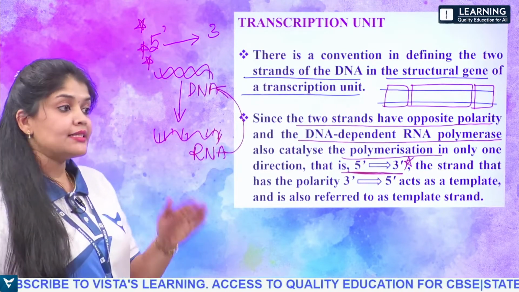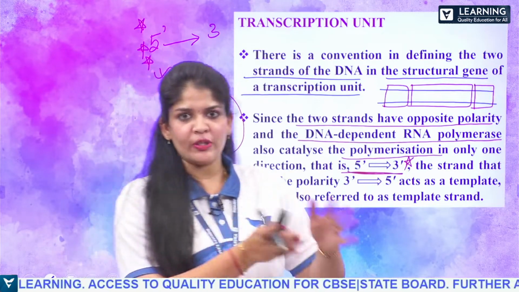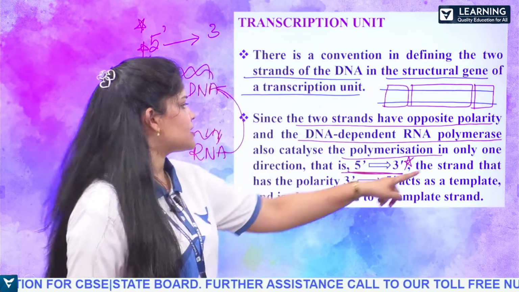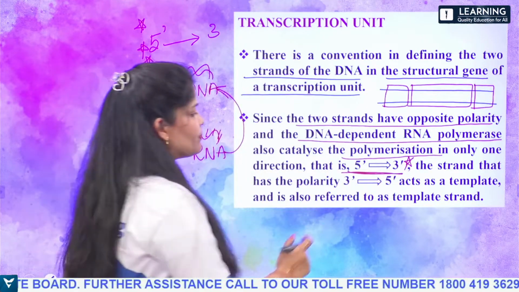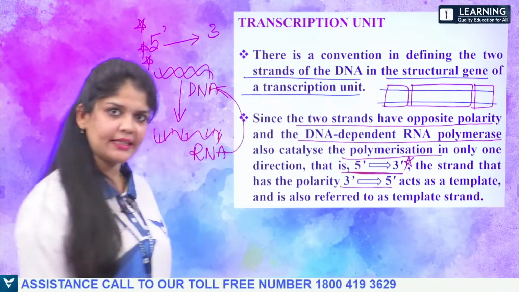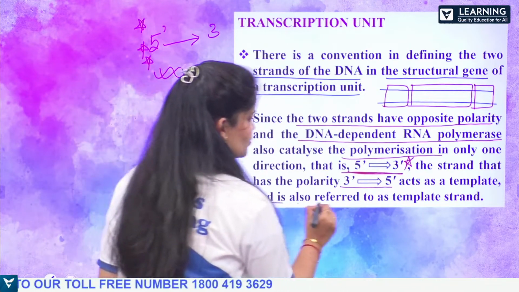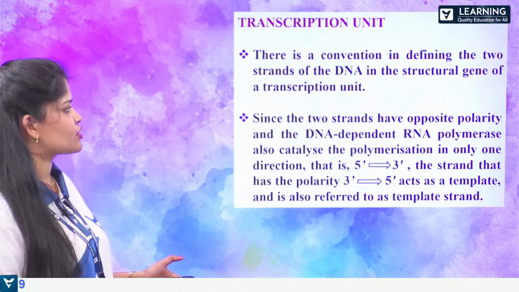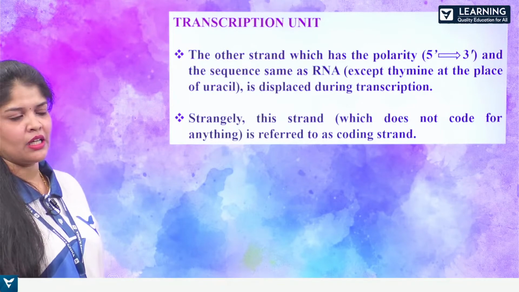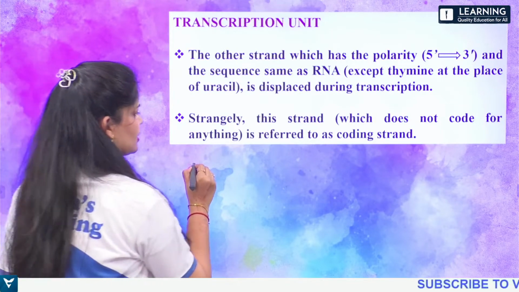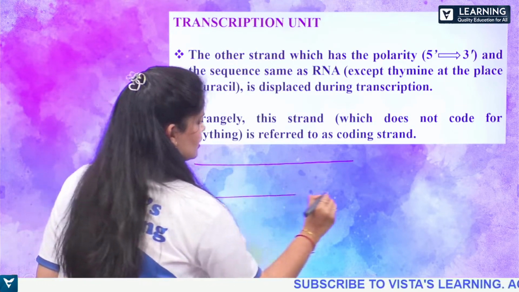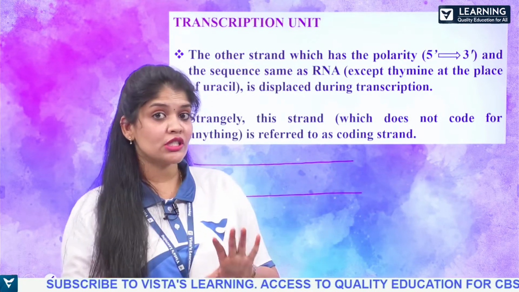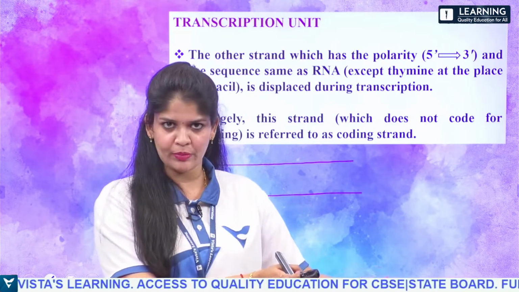Now, as the polymerization happens from 5' to 3', the template polarity should be 3' to 5'. The strand that has the polarity 3' to 5' acts as a template and is referred to as the template strand. Look here: one strand will be running from 3' to 5' and the opposite will be running from 5' to 3'.